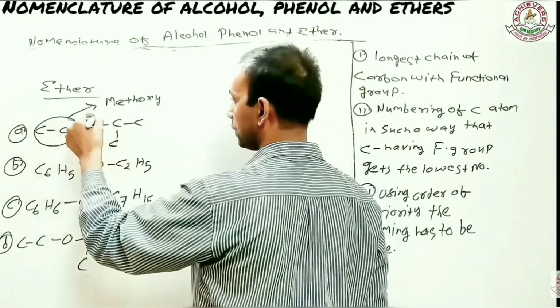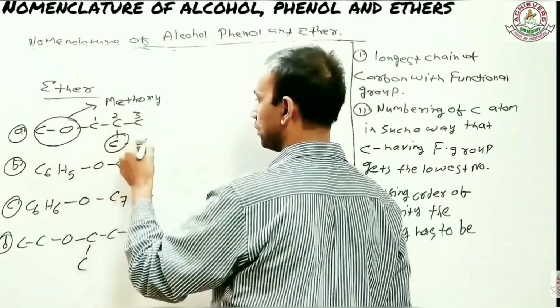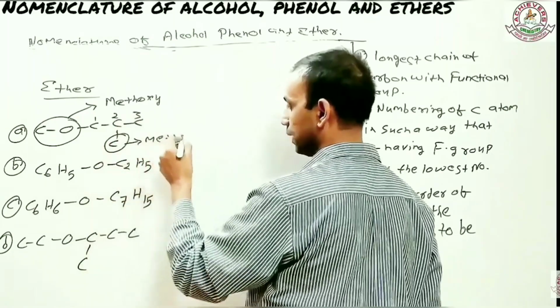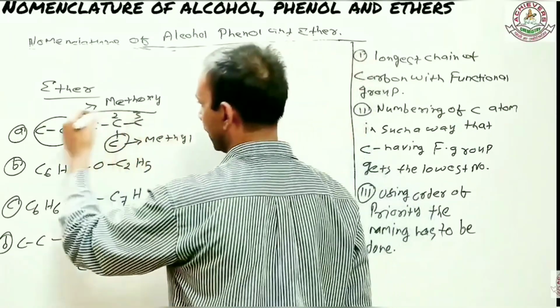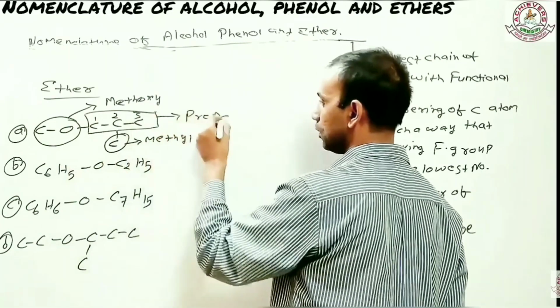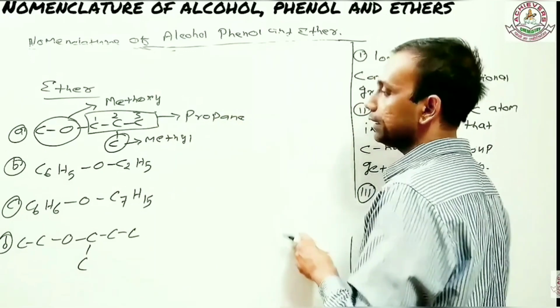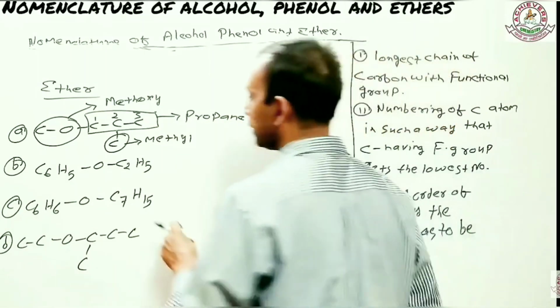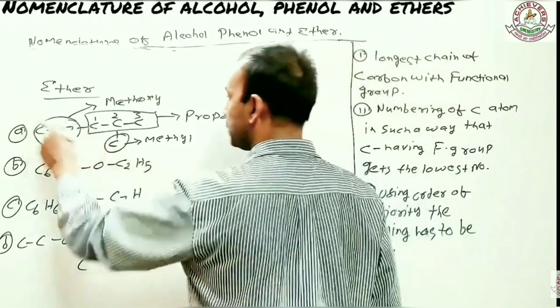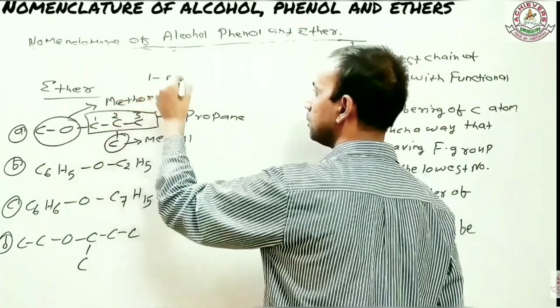And there you have the longest chain, 1, 2, 3. This will be your methyl. As you know, a 3 carbon chain is called propane. So how is the name going to be? We will be writing 1-methoxy. So the name finally comes out to be 1-methoxy.